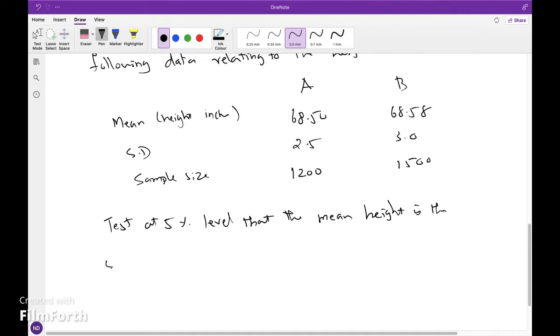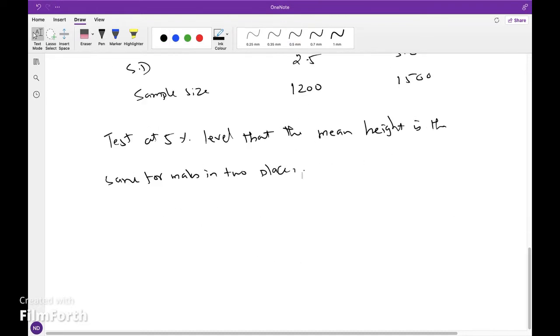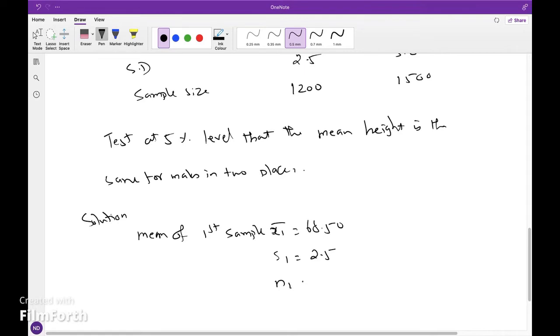the same for males in two places. Solution: mean of the first sample x1 bar equal to 68.50, standard deviation of the first sample 2.5, sample size of the first sample 1200.